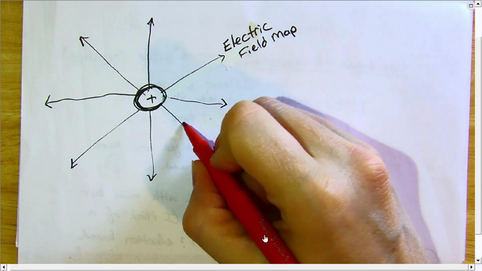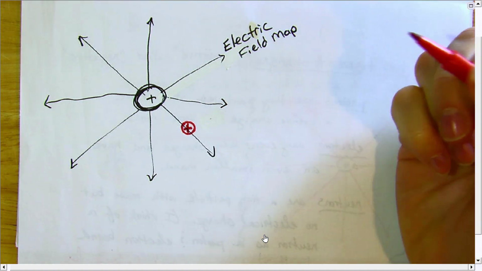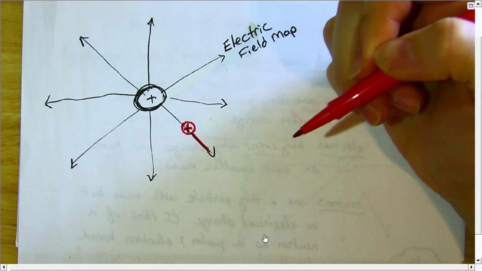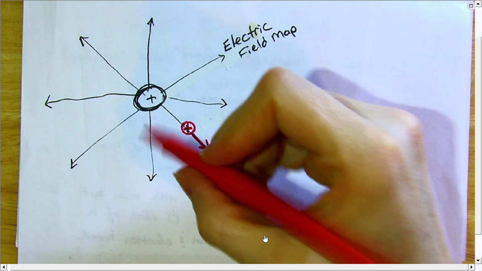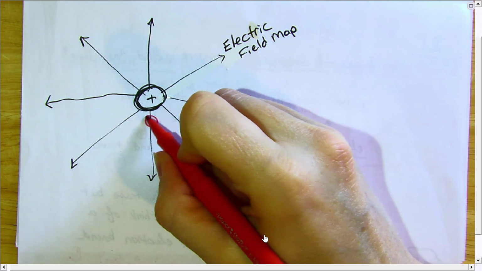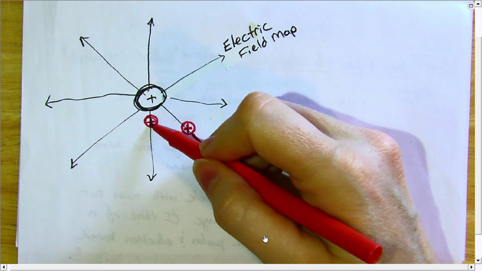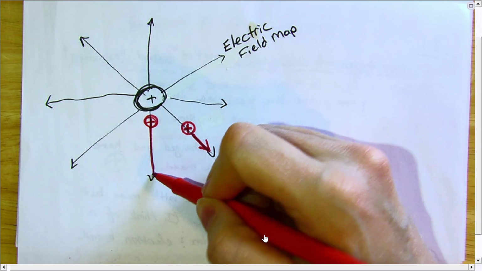So then we could say, if a positive charge was right here, what force would it feel? Well, it would feel a force in that direction. And if a positive charge was closer, what force would it feel? It would feel a force aligned with this map that we drew, the electric field map.